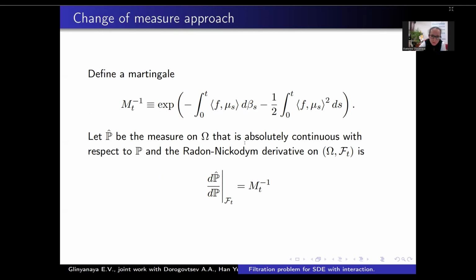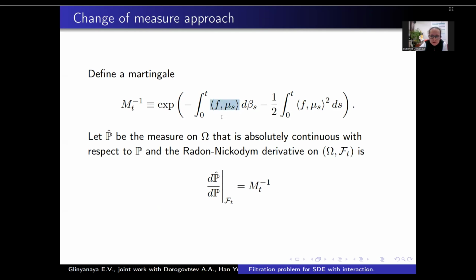When we have a shifted Wiener process, we know that the distribution of the Wiener process is absolutely continuous with respect to the distribution of the shifted Wiener process under some assumptions. So we define a martingale of the following form. Why do I call it a martingale? Because I assume that f is bounded.